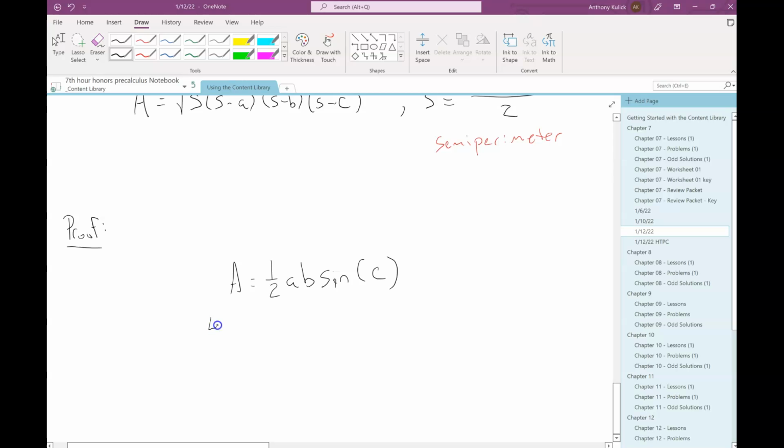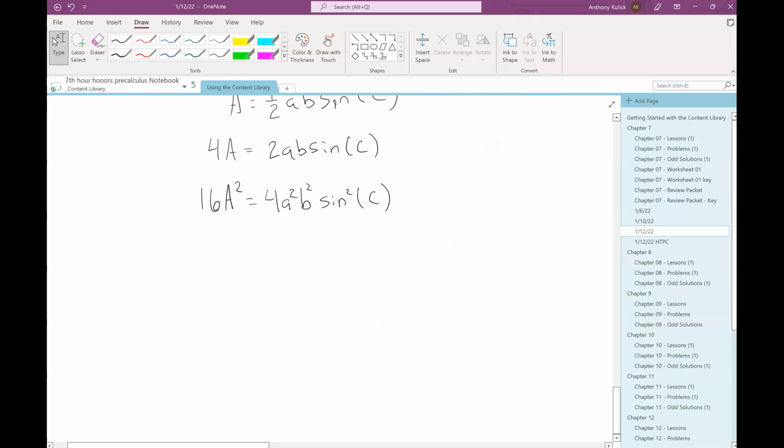I'm going to start by multiplying both sides by 4. And then I'm going to square both sides. Now I notice in here that I have a sine squared.